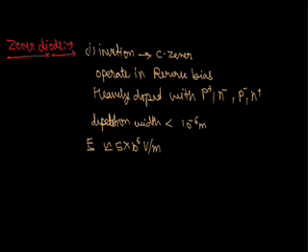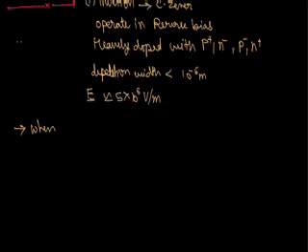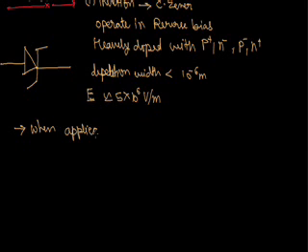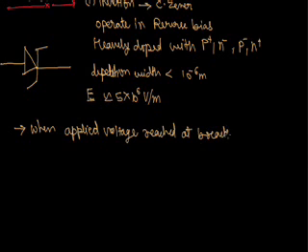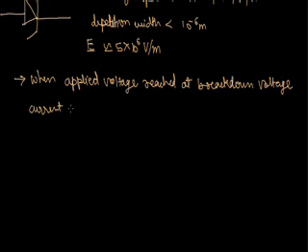Here is the symbol of the Zener diode, like this one. This is the Zener diode, and it operates in reverse bias. When the applied voltage reaches the breakdown voltage, current increases rapidly.